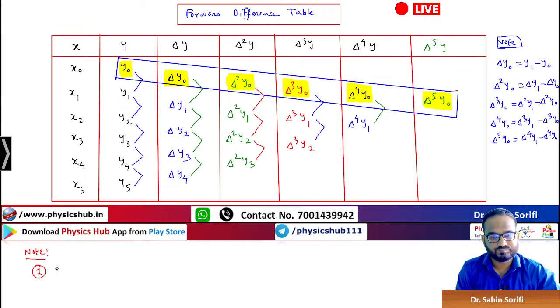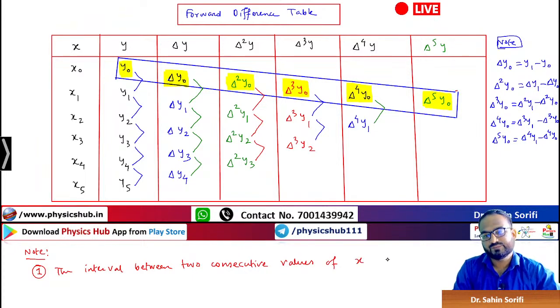Number one, the interval between two consecutive values of x should be equal. This is the first criteria.